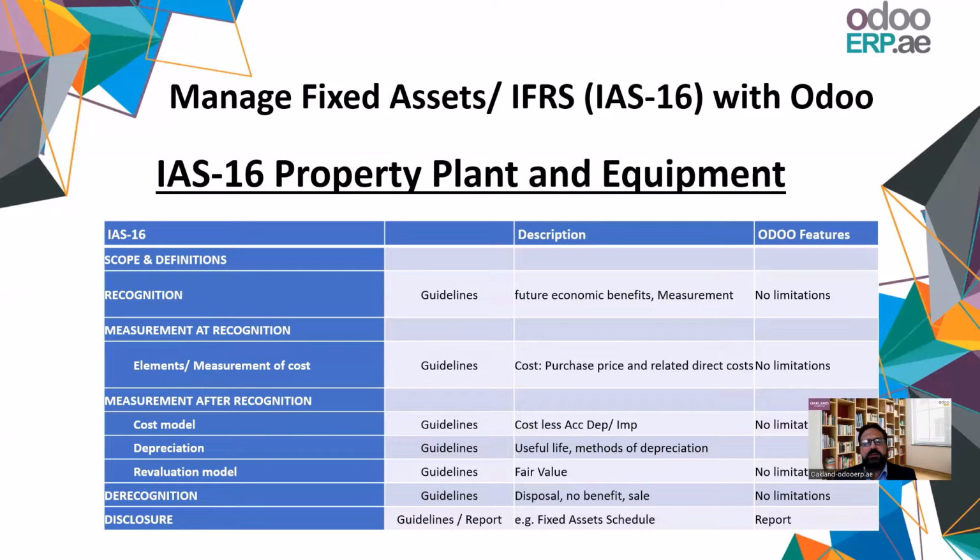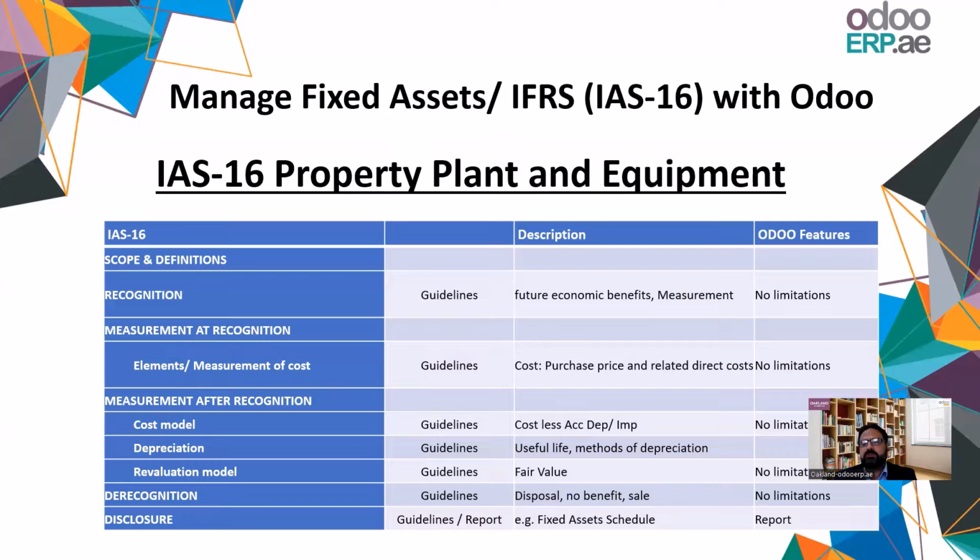Next, we have derecognition at the time of disposal of assets, or if there is no further economic benefit to the entity from that particular asset, or otherwise if there is a sale of the asset. Then we have the disclosures. For example, we know we have to prepare the fixed asset schedule.